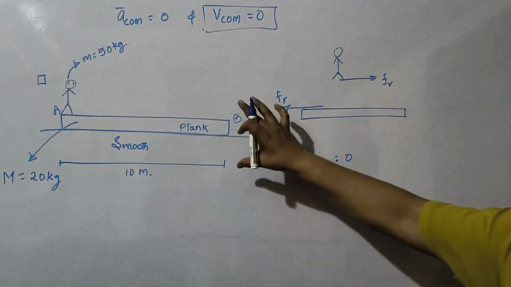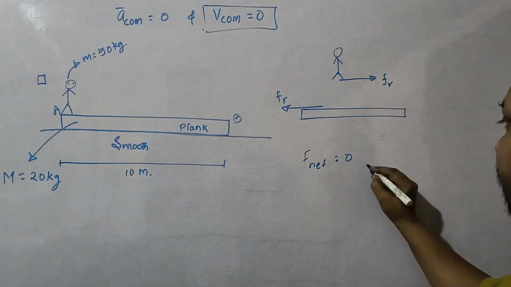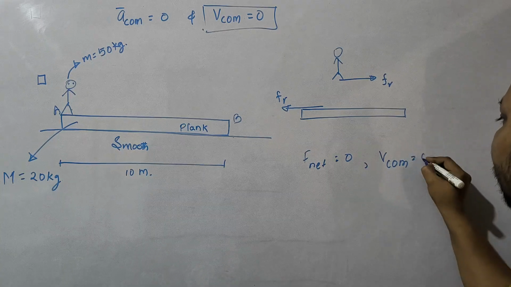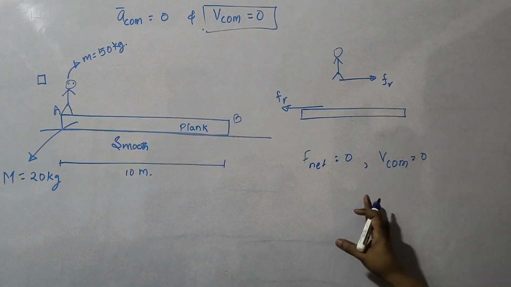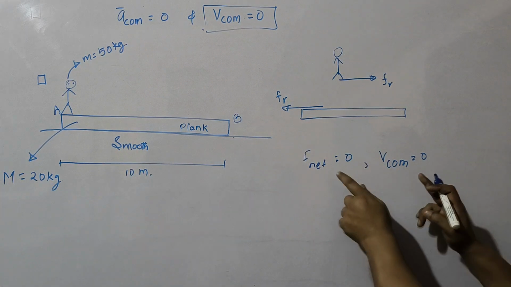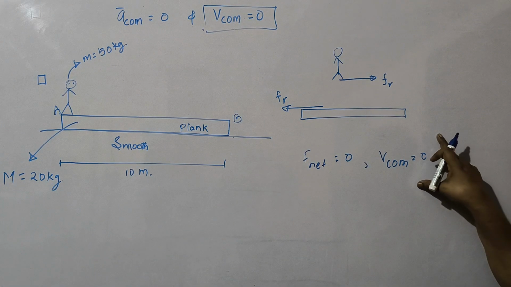Since the system is initially at rest, the velocity of the center of mass is also 0. Till now, from the given situation, F net is 0 and V COM is 0.